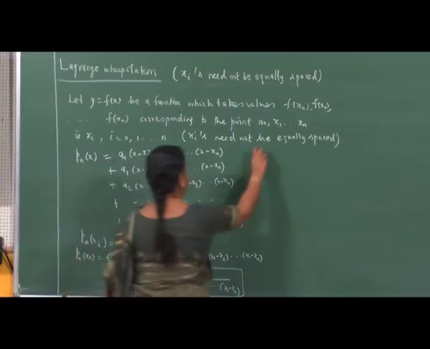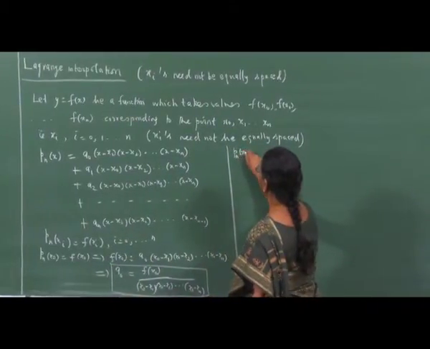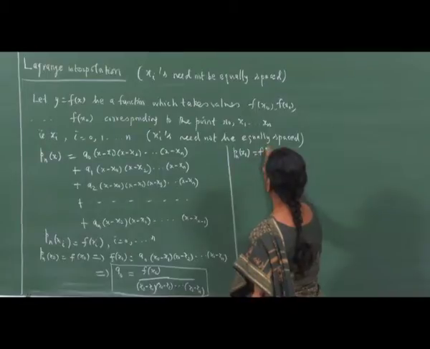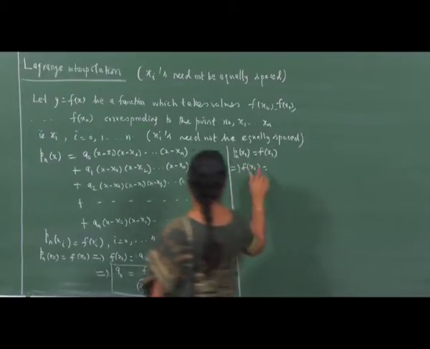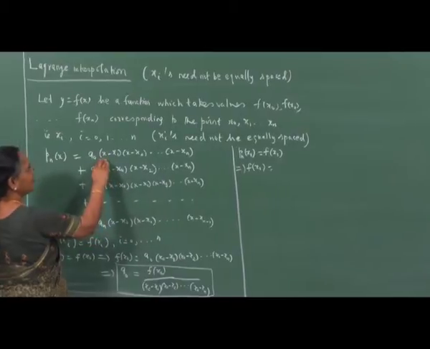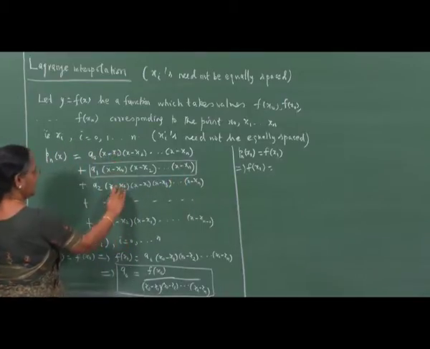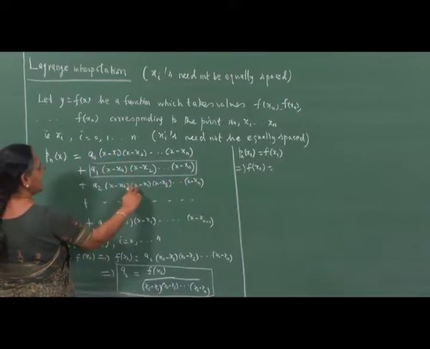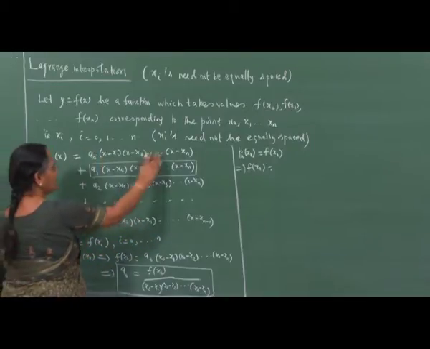Similarly, I apply the next condition. What is it? P n at x 1 must be equal to f of x 1. So, this tells me that f of x 1 should be equal to, again I have to evaluate the right hand side at x is equal to x 1, and I observe that except this term, all the other terms have x minus x 1 as a factor in them, and hence they will not contribute.